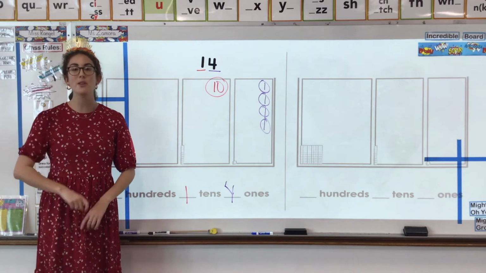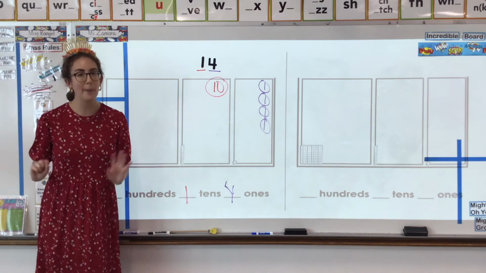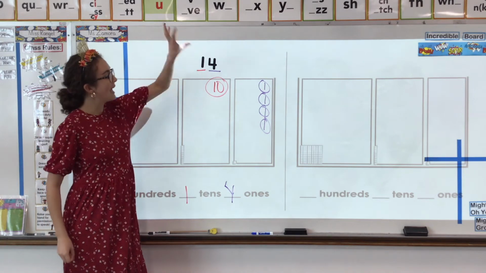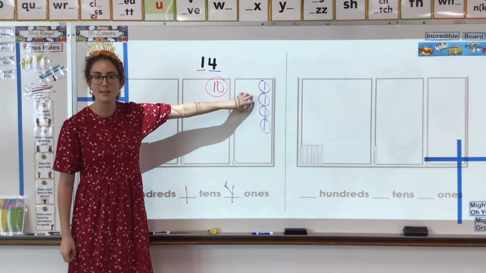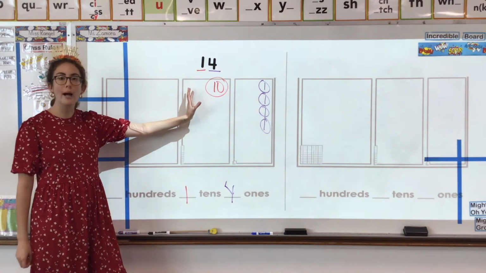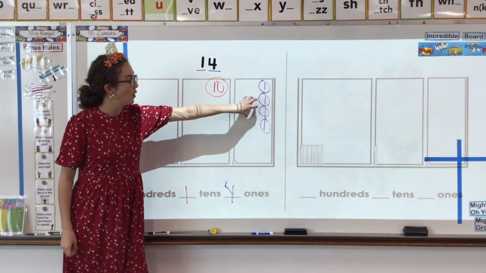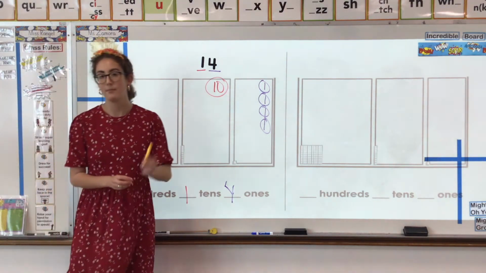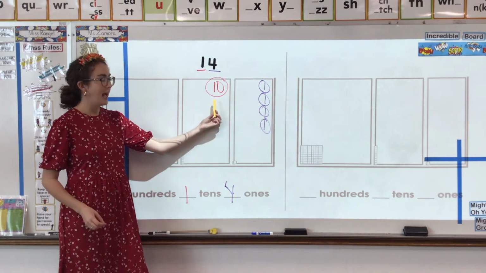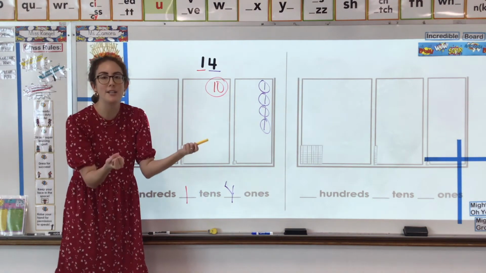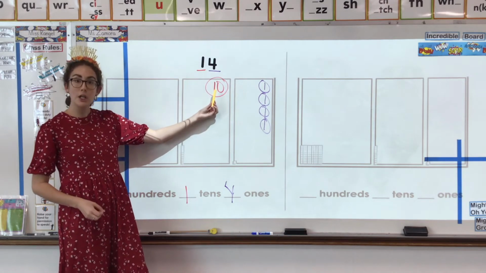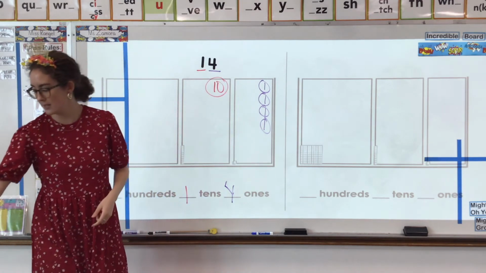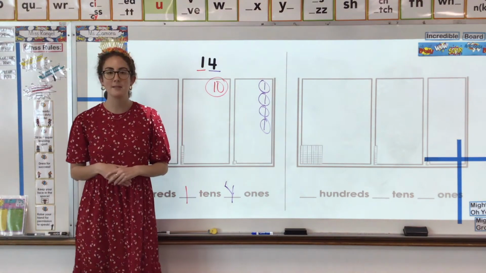So, I want you to think about this. What would happen, second grade, if we took this 1 ten and we changed it to ones? We took this 1 ten and instead we changed it into all ones. So if we have this 1 ten and we're going to unbundle it, take this bigger unit and break it apart into its smaller units, what would we get?